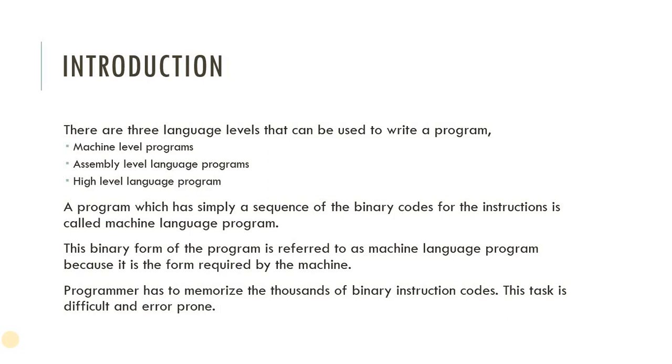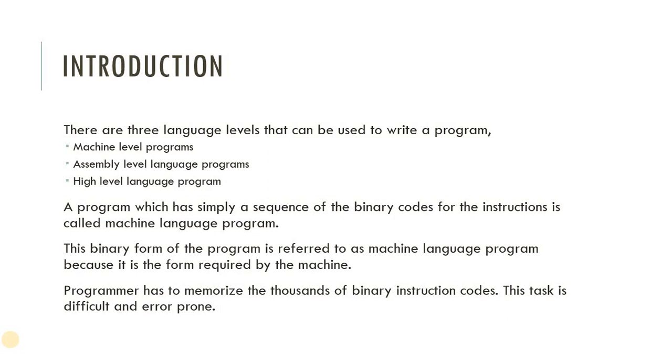This binary form of the program is referred to as a machine language program because it is in the required format that is understood by the machine. And this is a very tricky task. The programmer has to memorize thousands of binary instruction codes, and this task is very difficult and error prone.